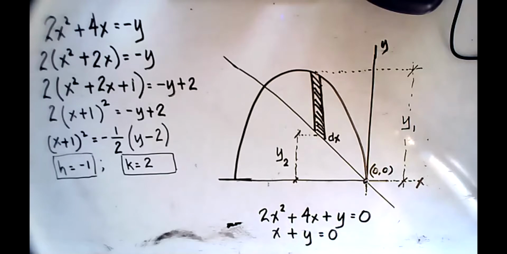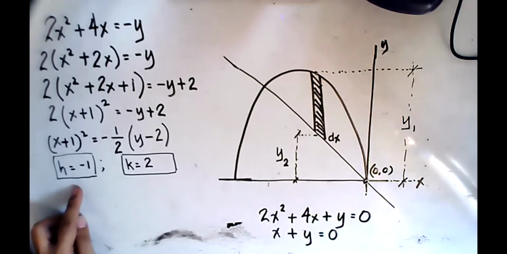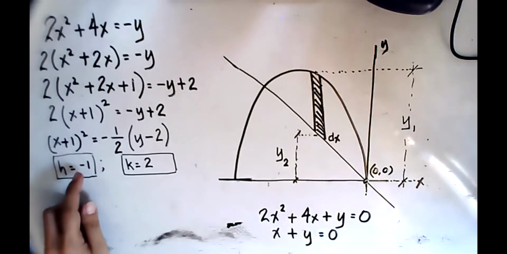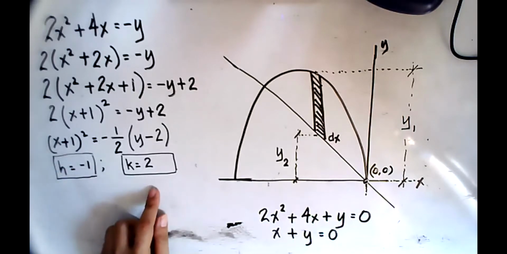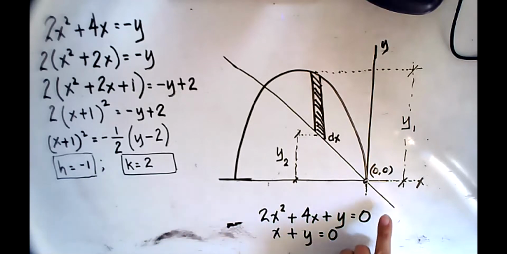Okay. So now you would know that the parabola is opening down, definitely opening down. And that the values of h and k, the center, are negative 1 and positive 2, meaning it is not at the point of origin.